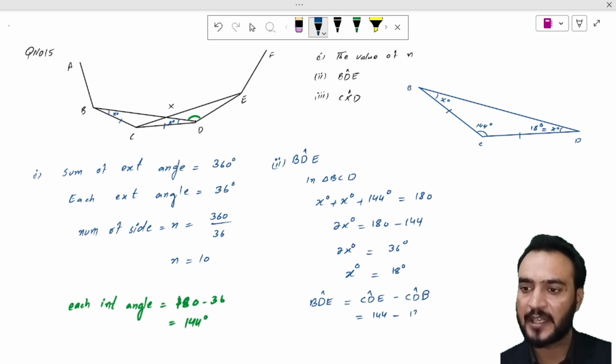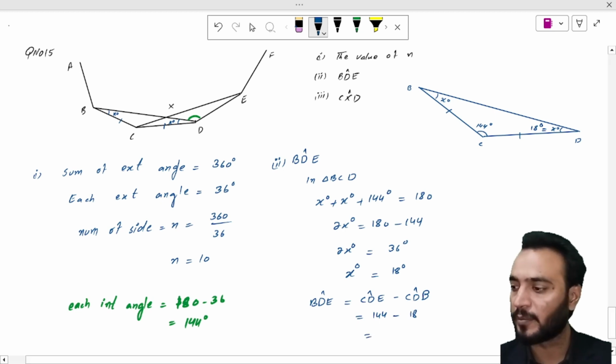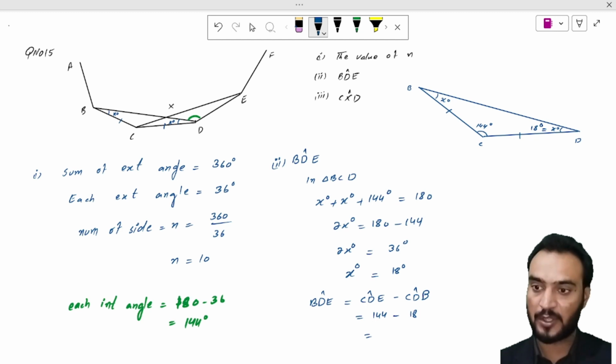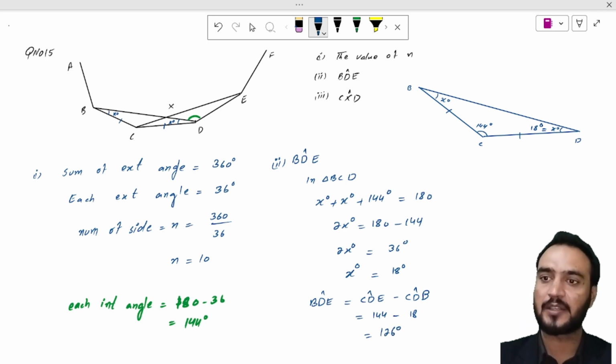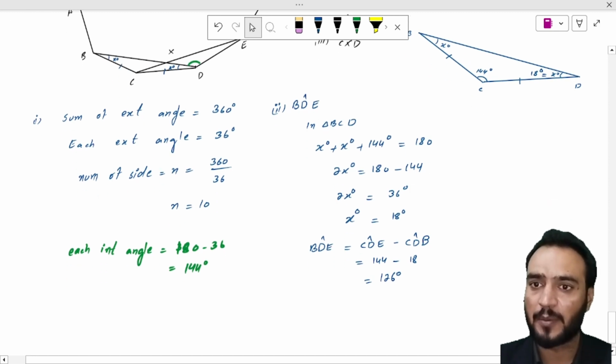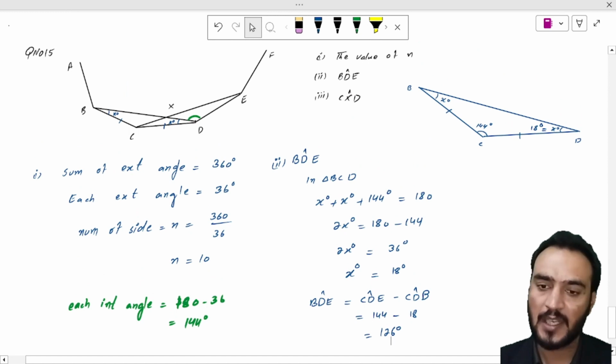We subtract 18 from 144 to get the angle BDE. 144 minus 18 is equal to 126 degrees. So the angle BDE is equal to 126 degrees. So this is part 2 of this question, and now we will solve the 3rd part.